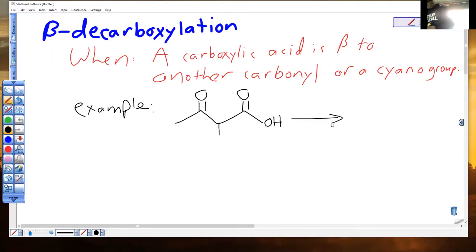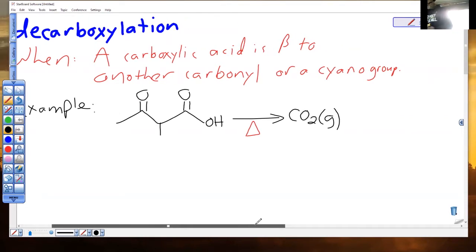And all we do is heat that molecule up. And we'll see bubbles. What are those bubbles? You'll see CO2 gas created. And you'll also, in this example, make butanone.